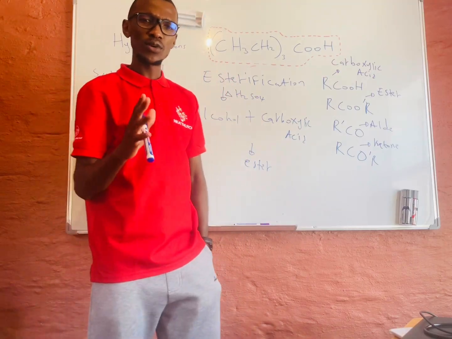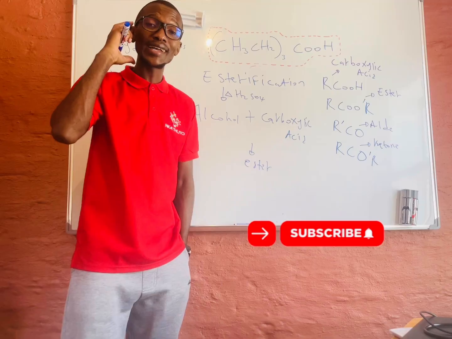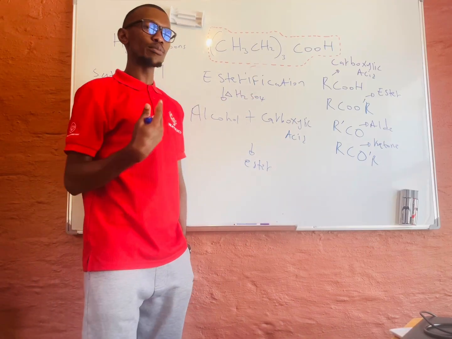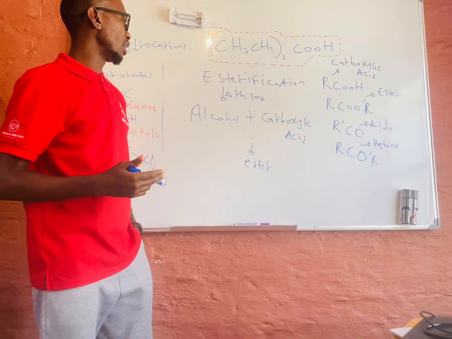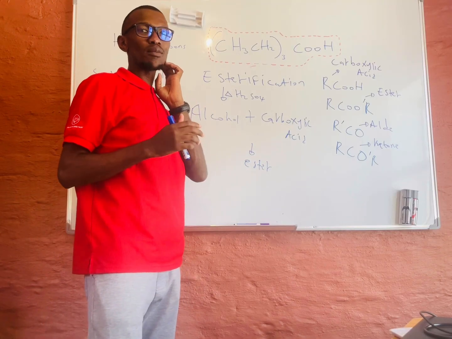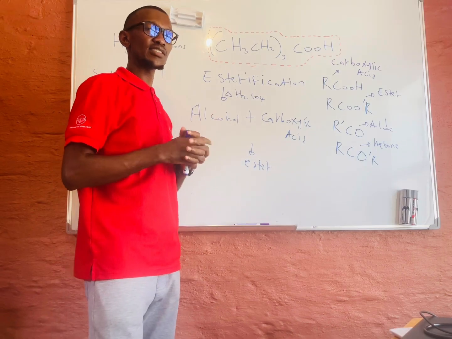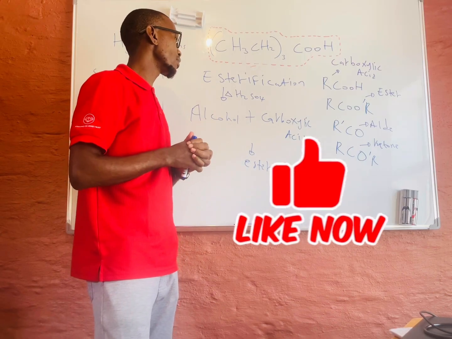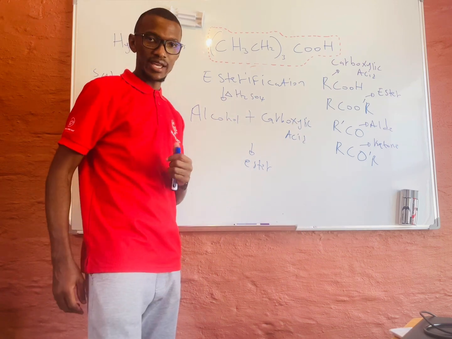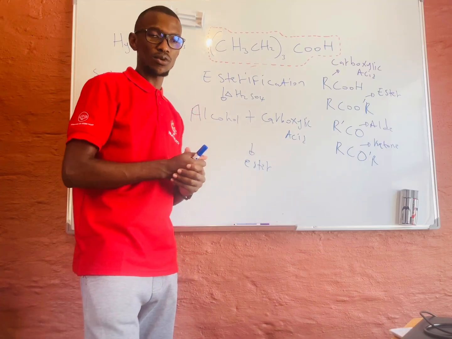Today I would like us to focus on what we call esterification. What do you guys know about esterification, or what do you understand about it? We say that esterification is basically a process or a reaction in which organic compounds such as your alcohol and your carboxylic acid react together in the presence of the catalyst sulfuric acid to form an ester, where there's going to be an elimination of water as well.